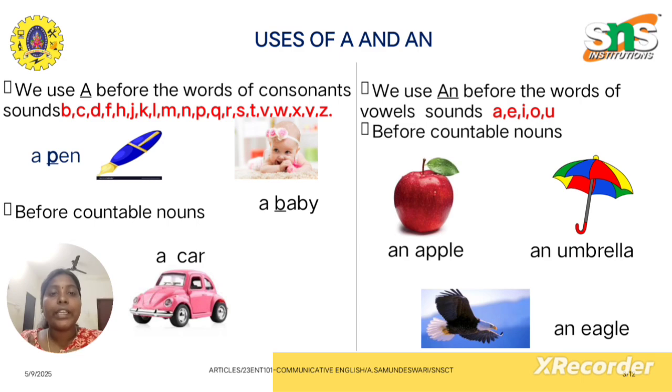And what is the connection between these and the alphabets? We place the articles based on the sound of a letter, not the letter itself. The majority of people make mistakes. If a word starts with a vowel sound, they want to use an, whereas sometimes it misleads you. So for that reason, I'm telling you that we place the articles based on the vowel letter sound. We'll explore more in upcoming slides.